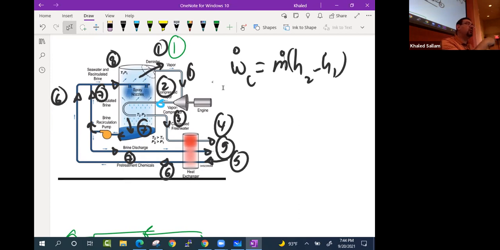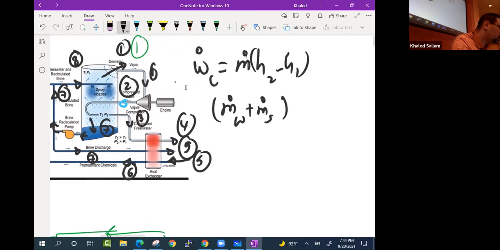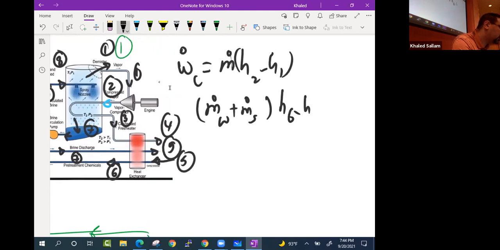So the guy that's being heated is new water, which is m dot water plus m dot salt, multiplied by H6 minus H5. That's how much they will absorb. That's equal to the other 2 guys that are being cooled.